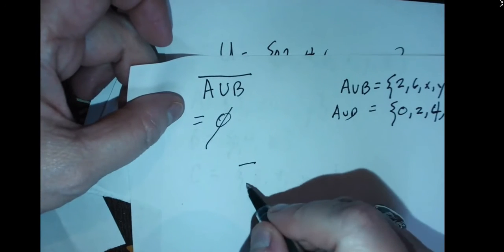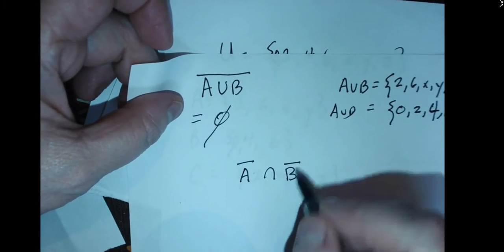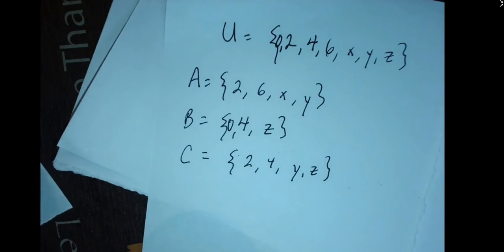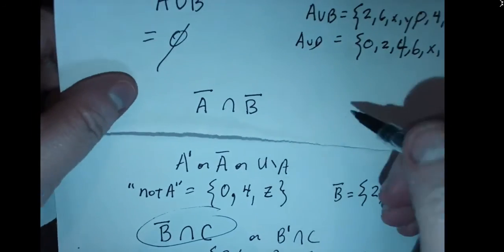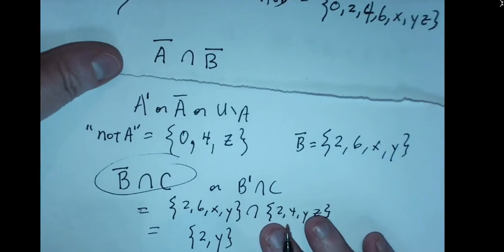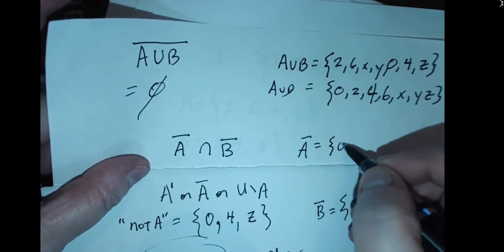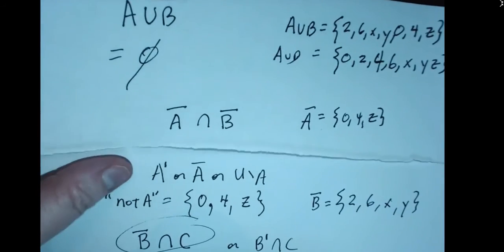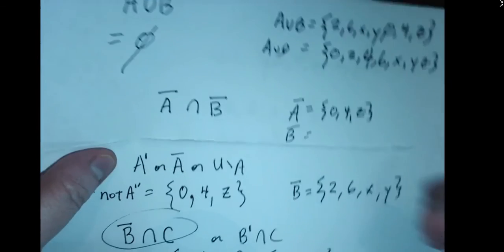What if we had something like that? Okay. Well, I'd have to get not A and not B first, and we've done that. Okay, we've done that earlier in the video. And then not B is that.